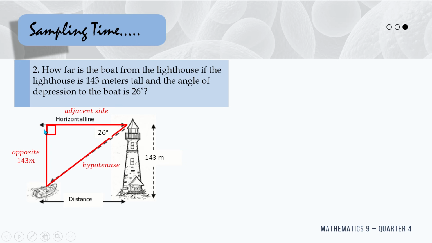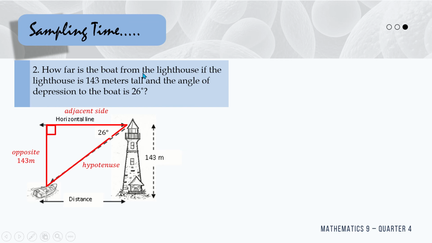If you observe, the vertical line is the side opposite and at the same time parallel to the length of the lighthouse. The height of the lighthouse is the same as the opposite side, which is 143 meters. Since they are parallel sides, their measurements are also congruent or equal.